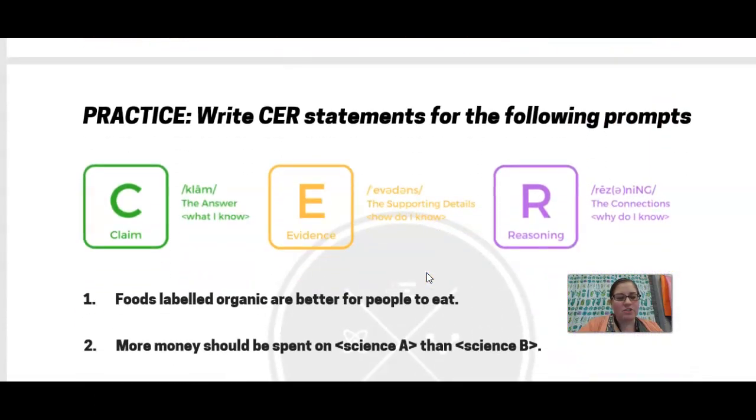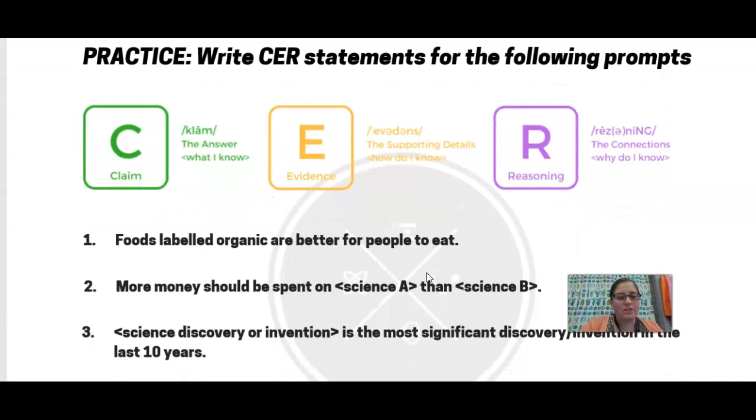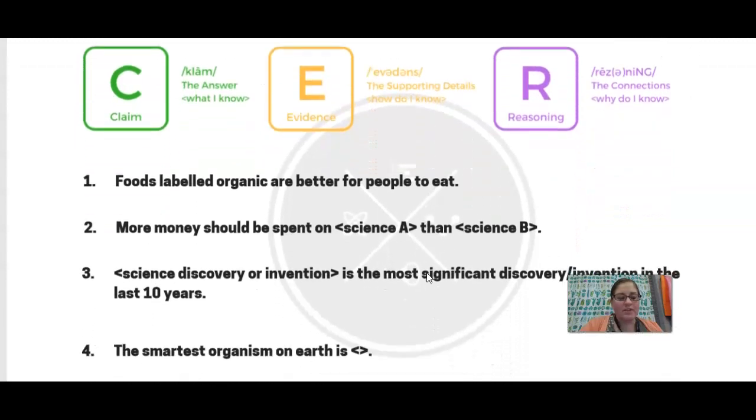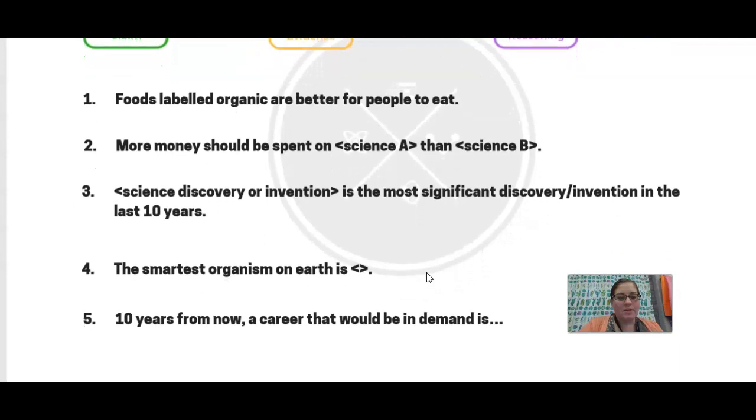And then this is where you're going to choose one of these 5 different claim statements, and create a 5 to 7 sentence paragraph that includes your claim, some evidence that you will find on Google, so you'll have to do a Google search, and then linking it together with your reasoning. With these down here where they have these little arrows, that's where you'll fill in.